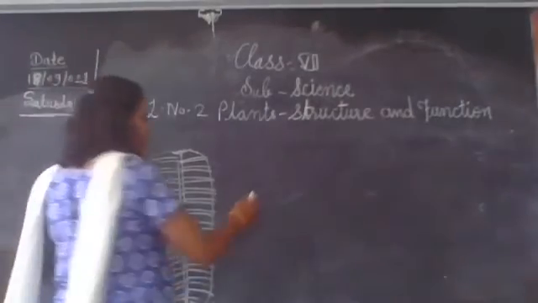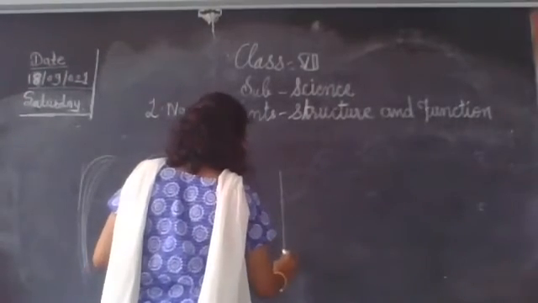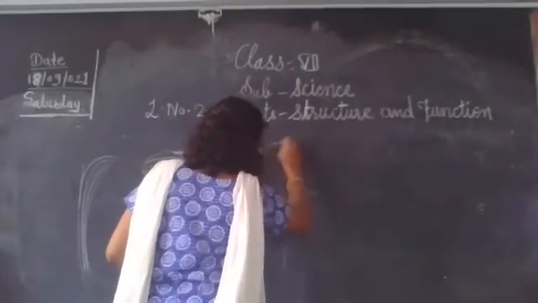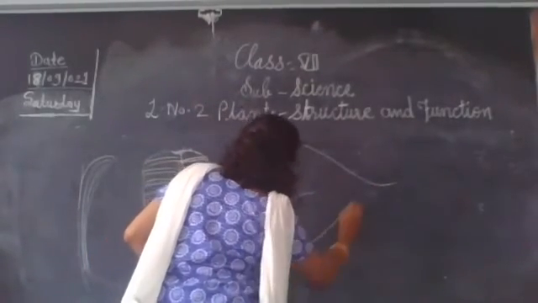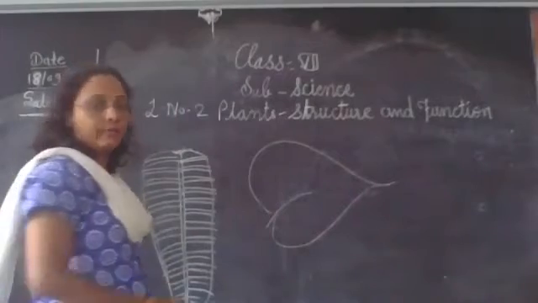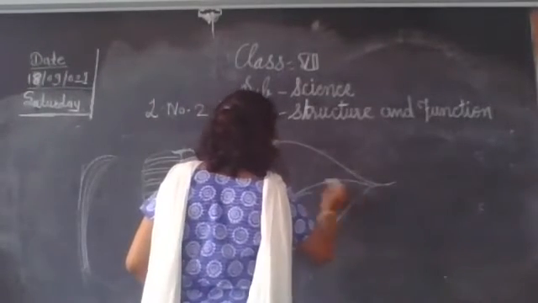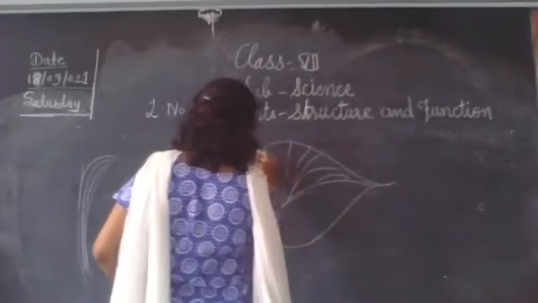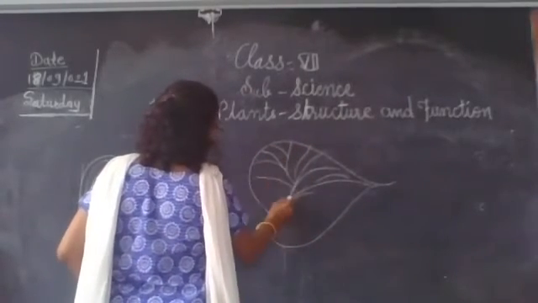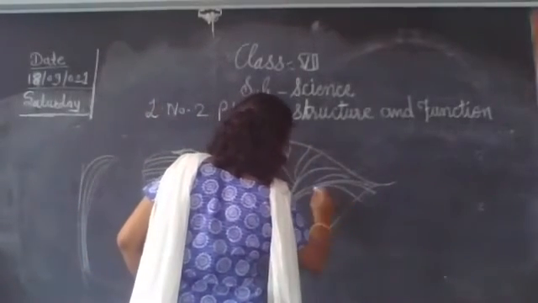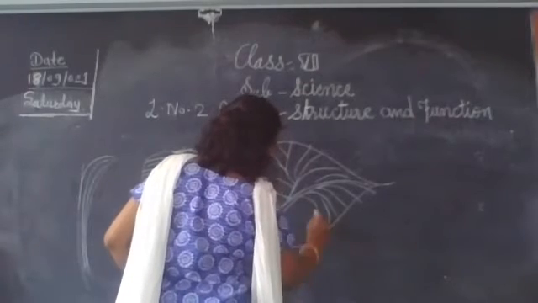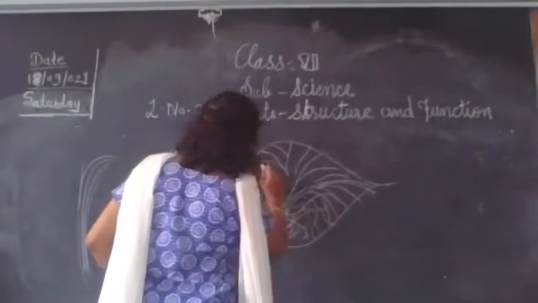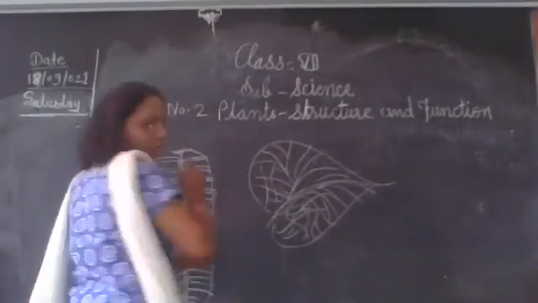But in hibiscus leaves, or in the peepal leaf, you see the venation forms a network structure. A network-like structure is formed in the venation.